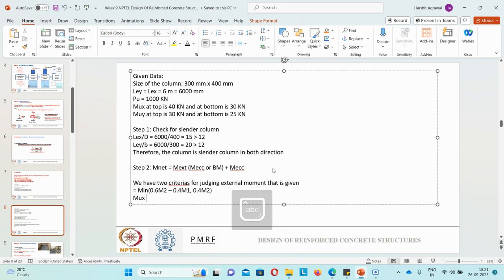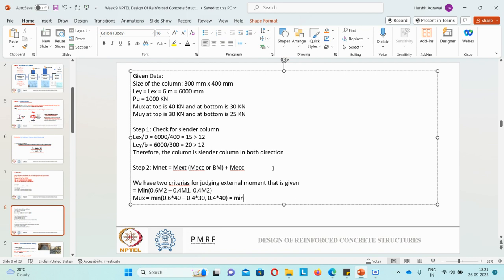So MUX will be the minimum of 0.6 times 40 minus 0.4 times 30, or 0.4 times 40. What will be the value?